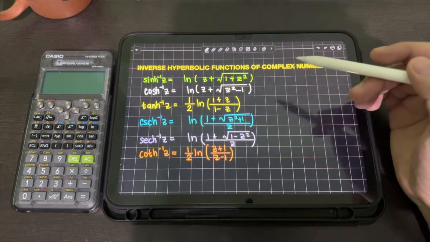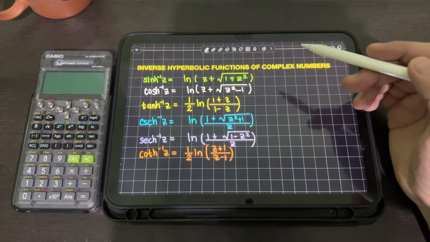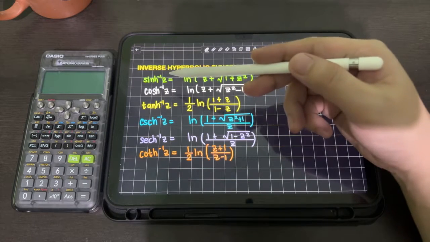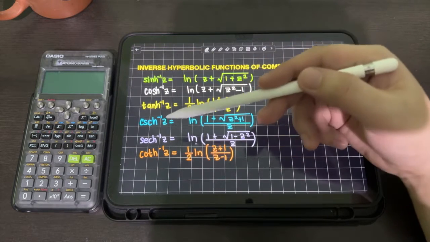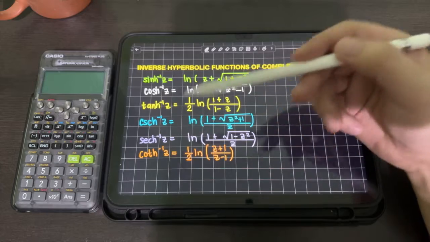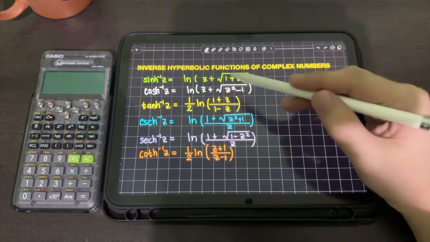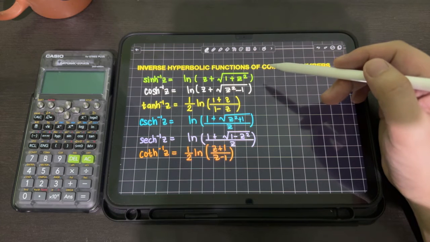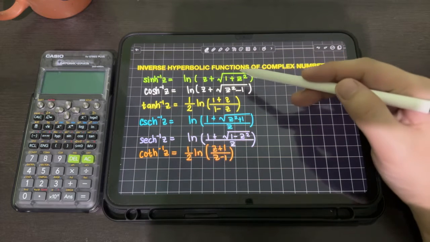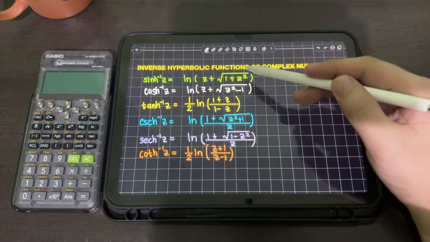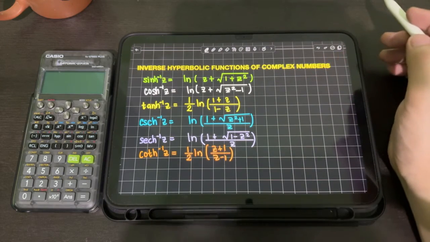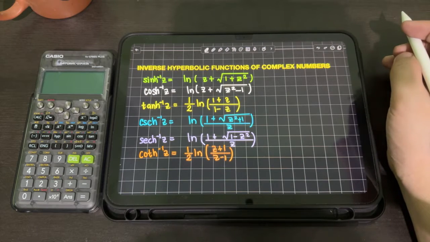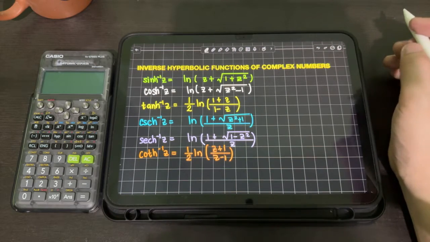So we will find both the principal value and the general values. Also, particularly for arcsinh, arccosh, arccsch, and arcsech of z, the formulas have a square root. Because of De Moivre's theorem in evaluating square roots, we must have two sets of answers for them. Now, to illustrate how to evaluate inverse hyperbolic functions of complex numbers, let's solve some examples.